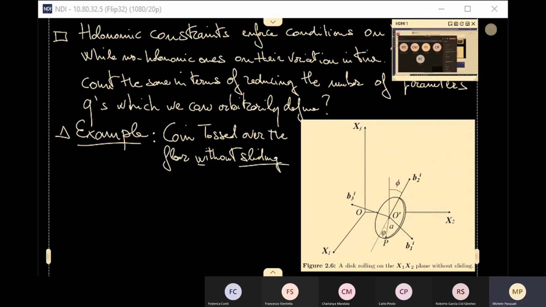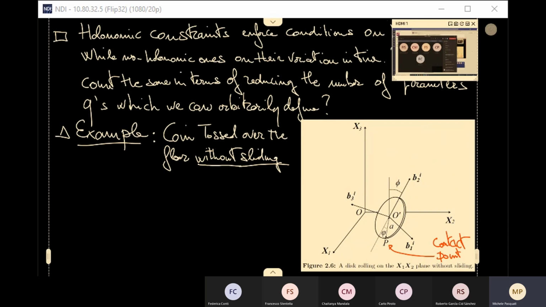How do we enforce that in terms of conditions? Let's see. So we will try to enforce two things. P is the contact point between the coin and the floor.